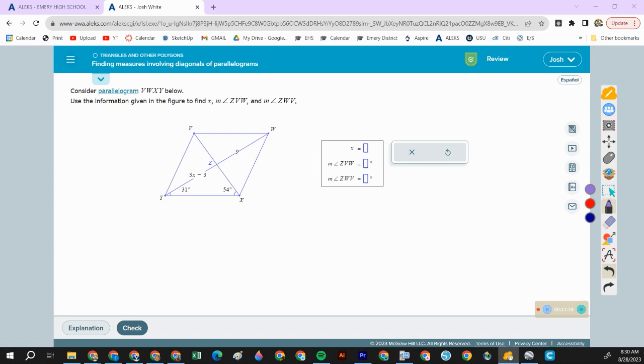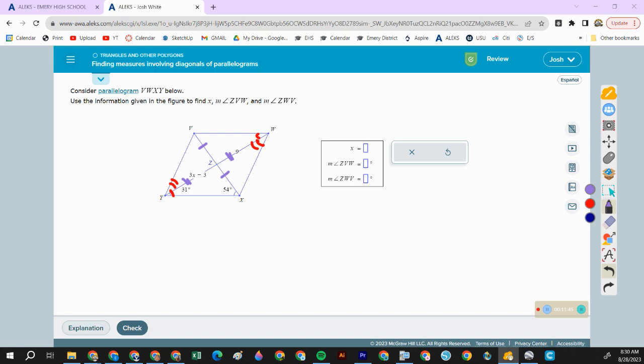So in a parallelogram, we know that each diagonal gets cut in half. So we have those equalities. And then as far as angles go, this angle will always match this angle. And this angle will always match this angle.